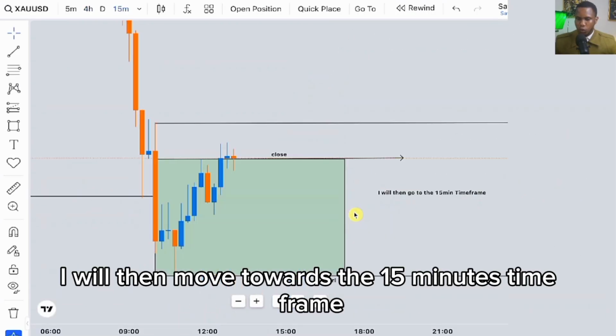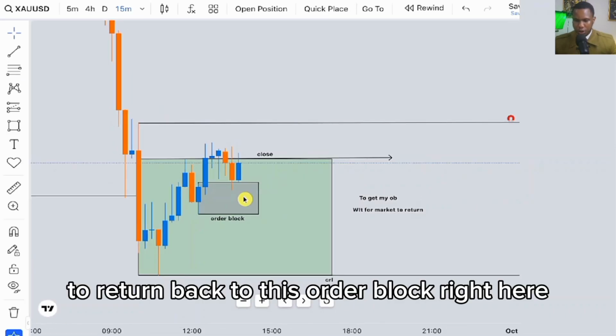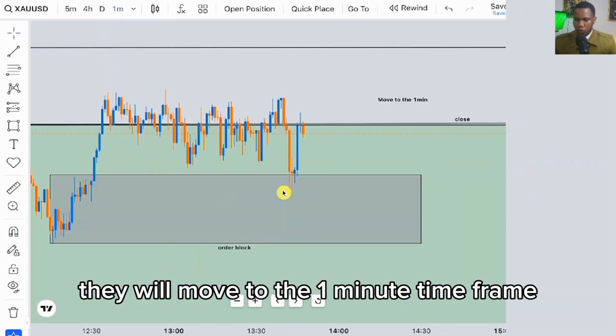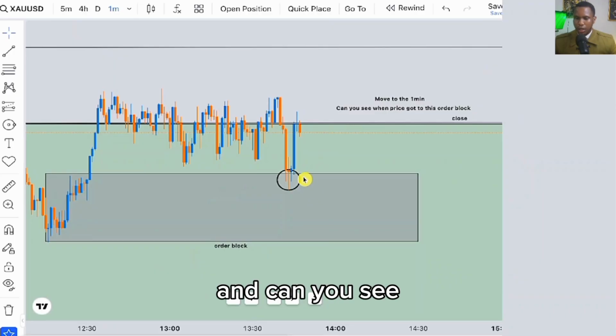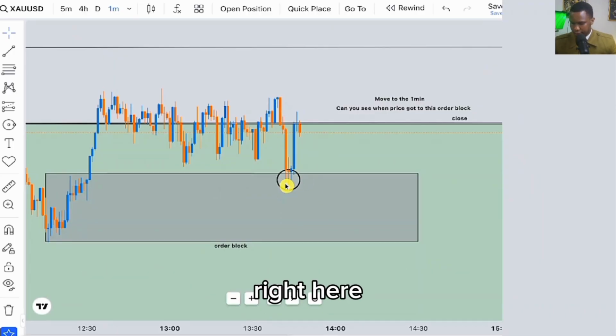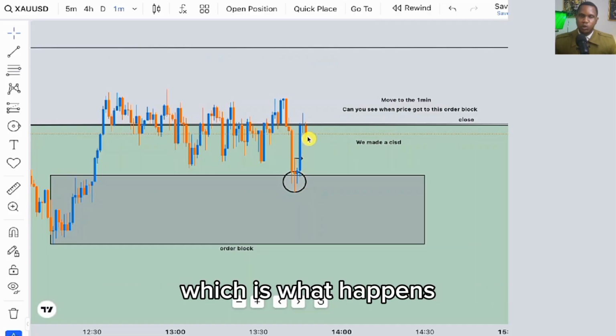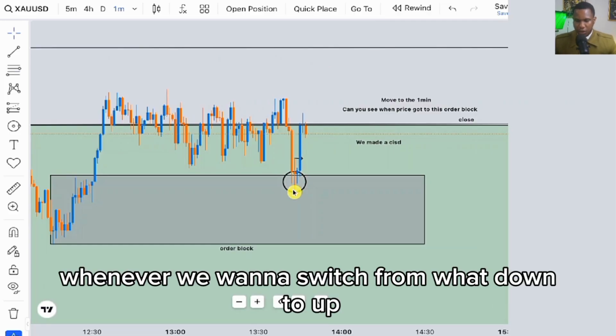I will then move towards the 15 minutes time frame. From the 15 minutes time frame, you can see properly we have another block right here. I'll wait for market to return back to this other block right here. Then we'll move to the 1 minute time frame. Can you see when market returned back to exactly this other block right here, we had a change in state of delivery, which is what happens whenever we want to switch from what, down to up.